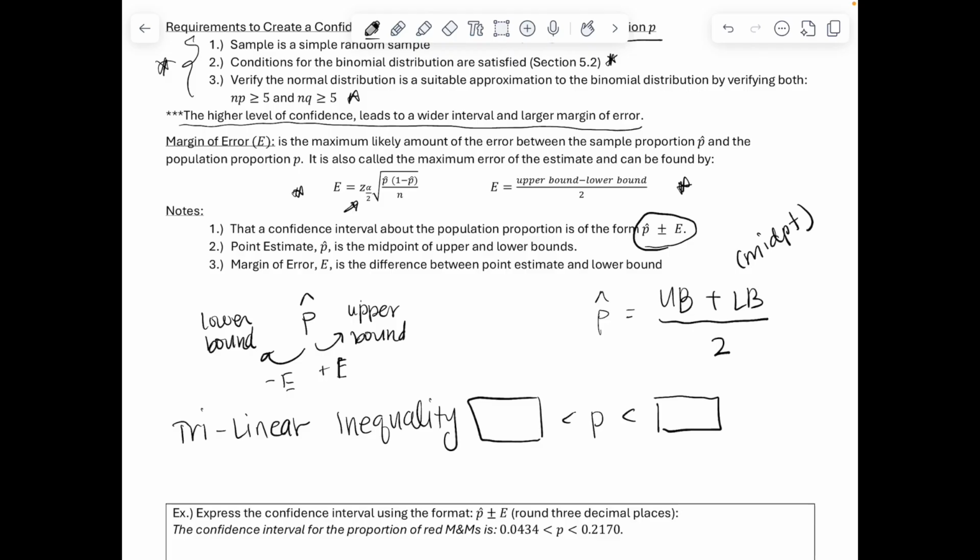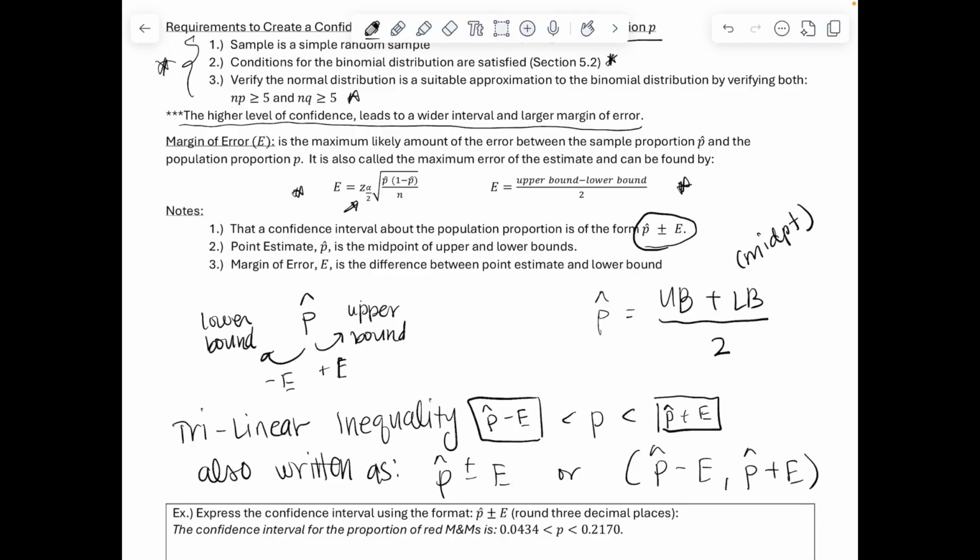Just like what we saw up above, this would be p hat plus our margin of error, and the other way would be p hat minus our margin of error. This can also be written as p hat plus or minus e, or as p hat minus e, comma p hat plus e. So these are the 3 different ways that this will be written.